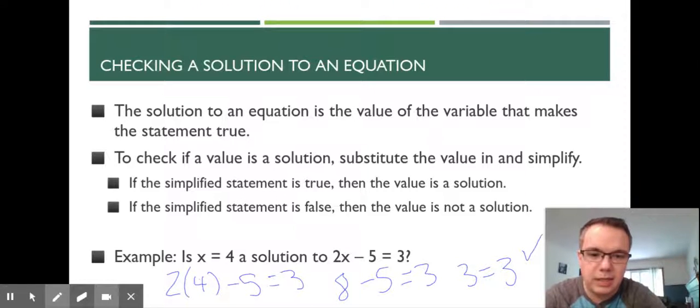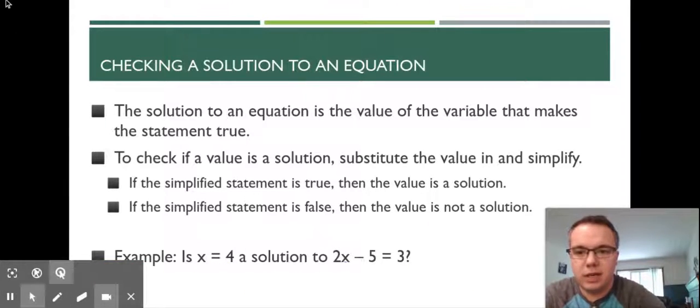So yes, x equals 4 is a solution because when we plug it in and we simplify, we get that it is a solution. So you plug in the value for the variable you're given. You follow the order of operations to simplify and see if you get something true. If it's true, you have a solution. If it's not, then you do not have a solution.